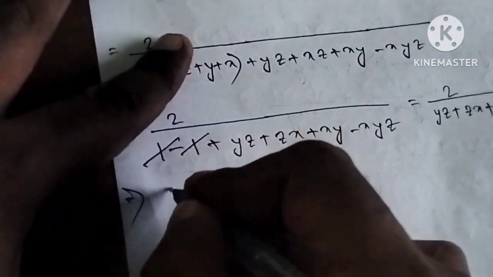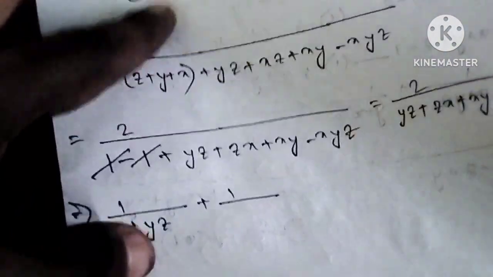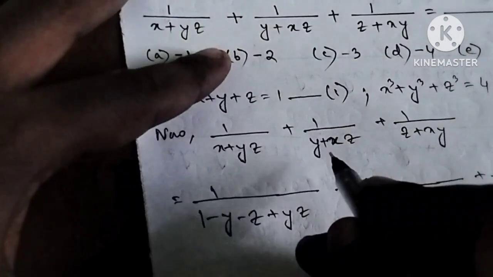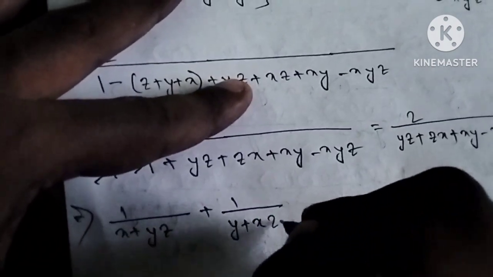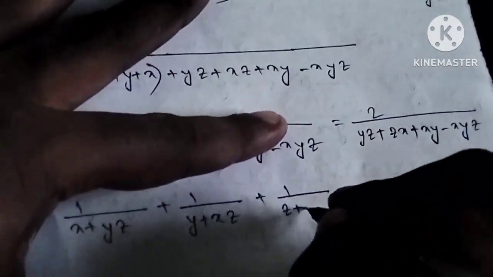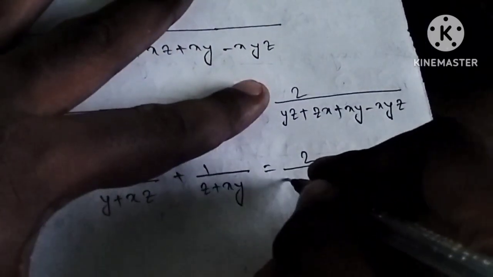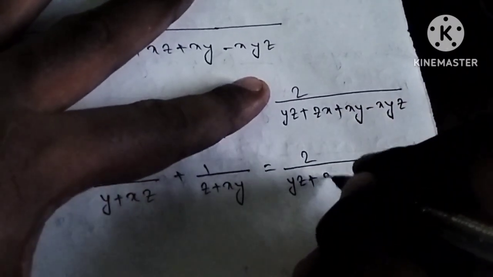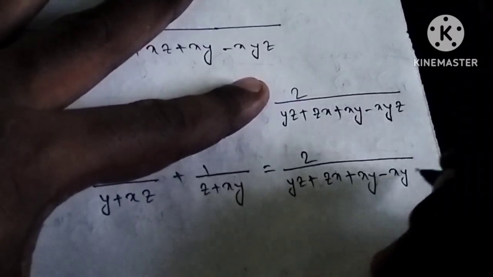So you have to write 1 by x plus yz plus 1 by y plus xz plus 1 by z plus xy is equal to 2 by yz plus zx plus xy minus xyz.